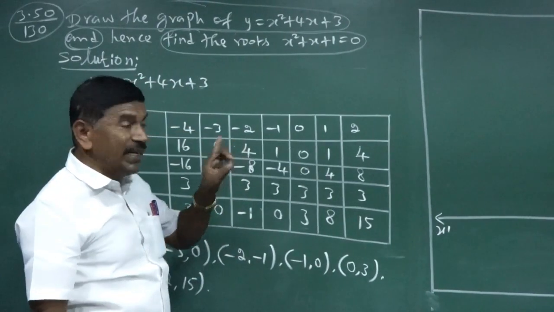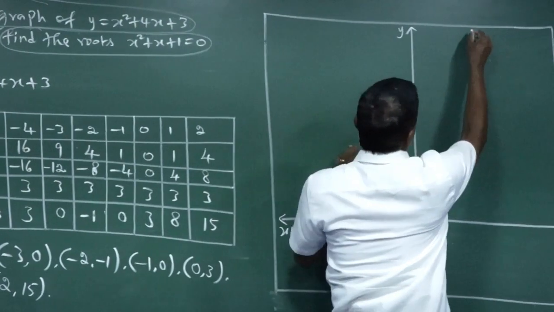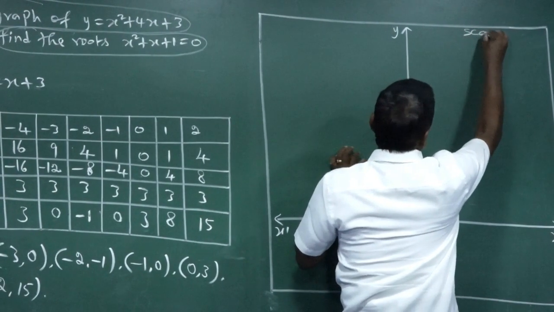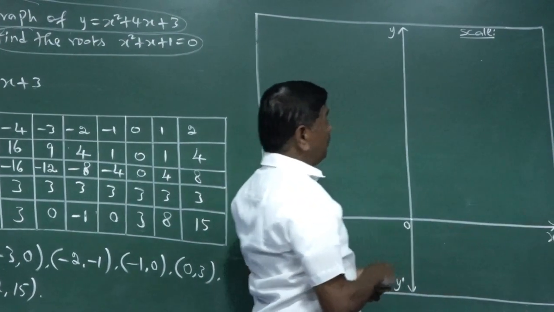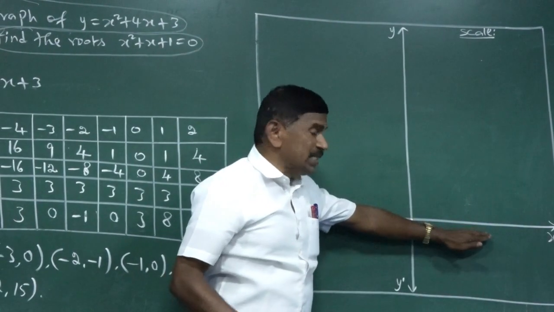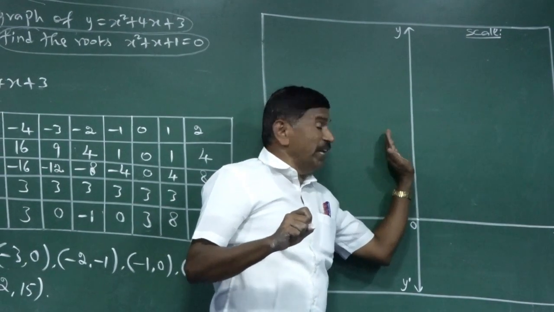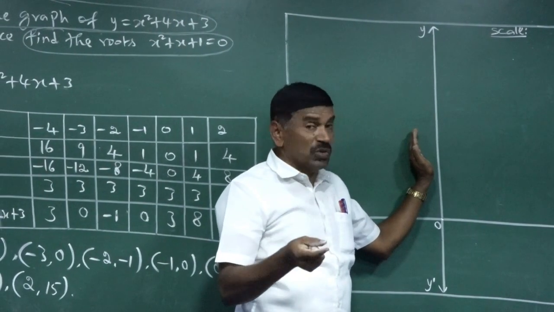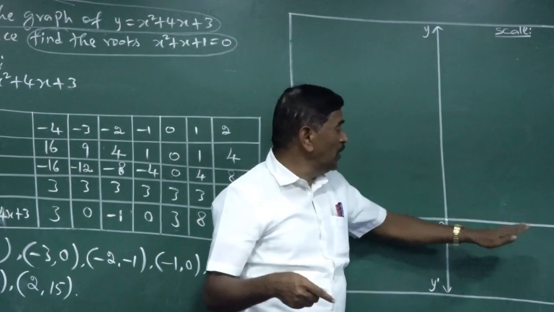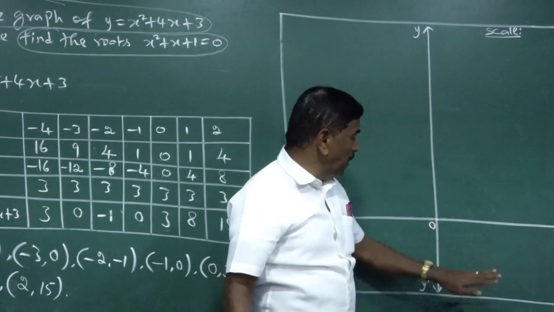Now I want to write the scale. Okay, scale is important. Listen, usually take along the x-axis 1 centimeter equal to 1 unit. But along the y-axis 1 centimeter equal to 2 units, for all the sums. Not only this question, but all questions, which is very simple.